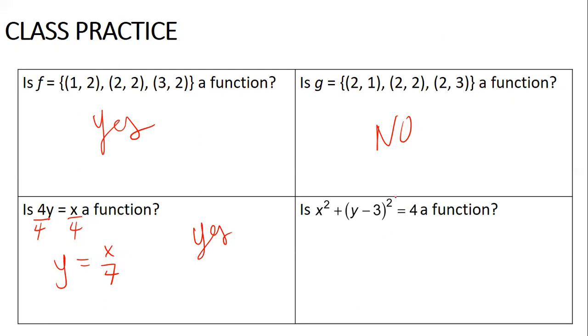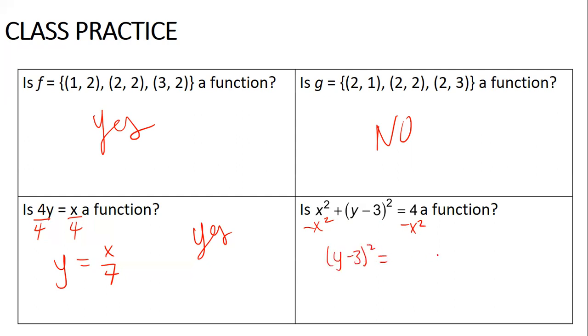Okay. Next, is this a function? First thing you ask yourself, can you get y by itself? All right, let's see. So what are my steps to get y by itself? Subtract, right? Subtract the x squared.